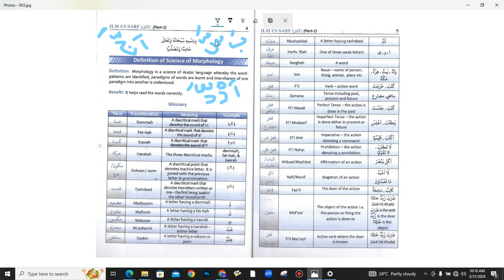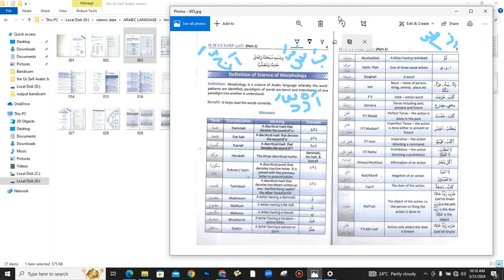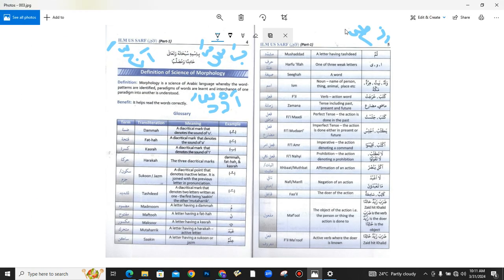And if I write za having kasra, and let's write here mim, zim, and give it tashdid, and now fatha, it would become zimma.